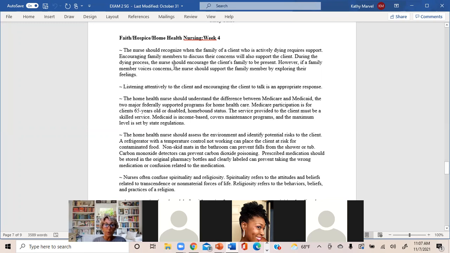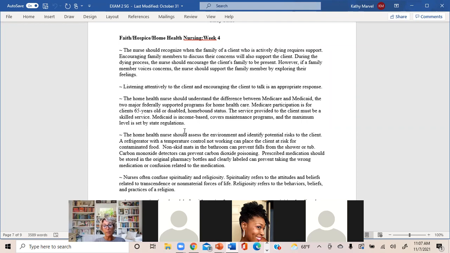So this first paragraph: the nurse should recognize when the family of a client who's actively dying requires support. This is some information about hospice nursing. Encourage the family members to discuss their concerns. Every situation is different. You may have very engaged family members.